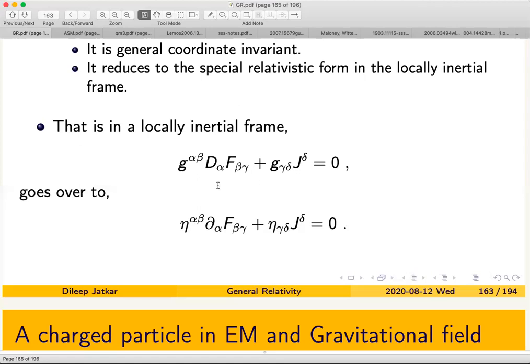But even in your frame, you would see that the charged particle is coupled to the electromagnetic field, right? And now in a freely falling frame, that electromagnetic field would be solely due to that charged particle itself, because there is no other electromagnetic field.